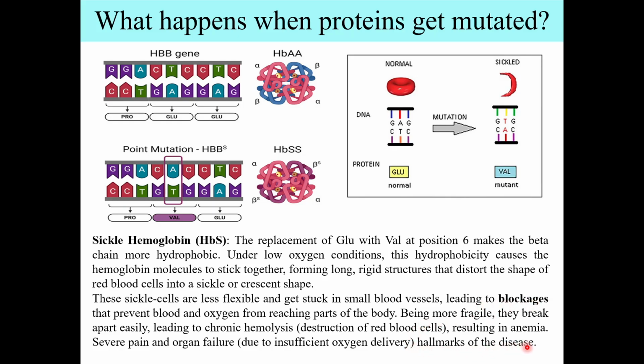These are hallmarks of the disease sickle cell anemia. And sickle cell anemia is a very dangerous disease. This is also quite prevalent in India, and the patient requires a huge amount of blood transfusions to survive. So it is very important that we have knowledge of this disease and try to come up with some kind of therapeutics to fight it.